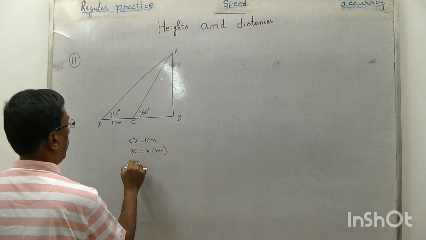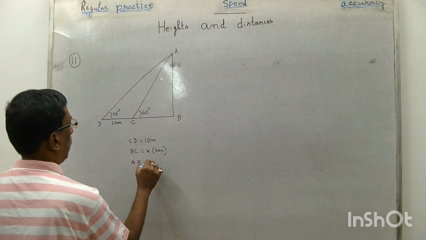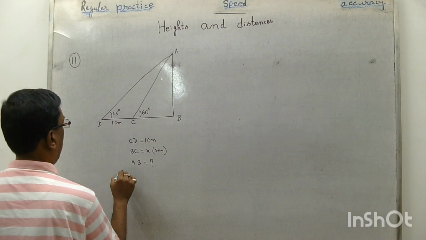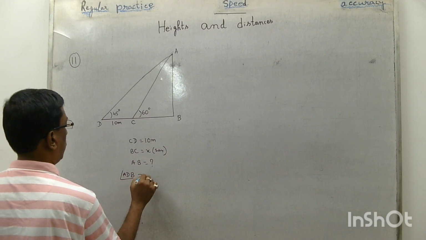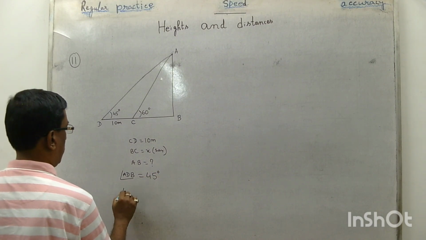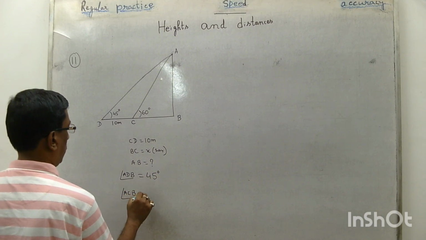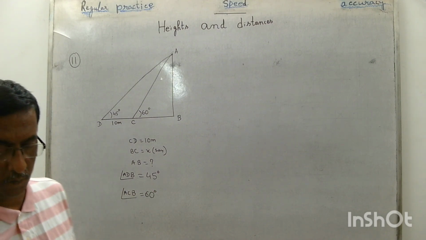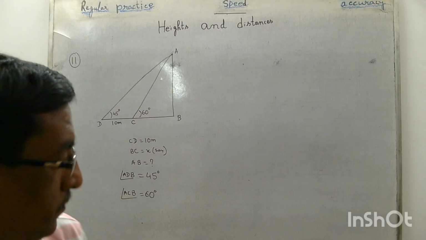We don't know AB. Now we have to find this one. Angle ADB is 45 degree, and angle ACB is 60 degree.